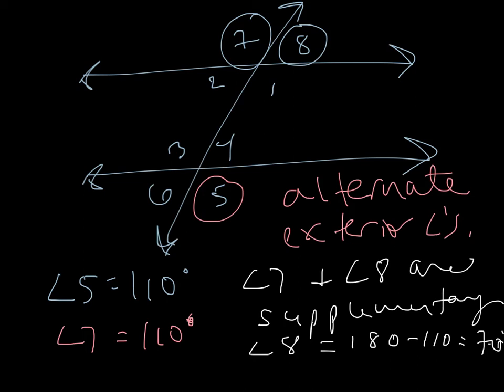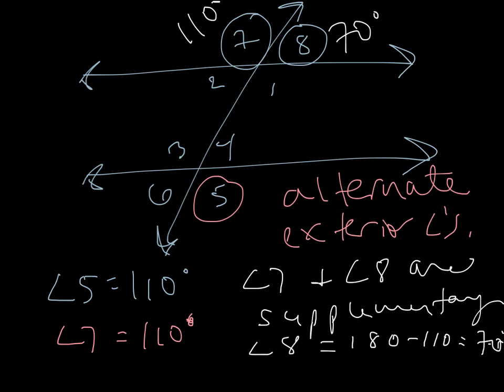So angle 8 equals 70, angle 7 equals 110. And do those add up to 180? Yes, they do. So given one angle is all you need, and you could find all 8 of those interior and exterior measurements.